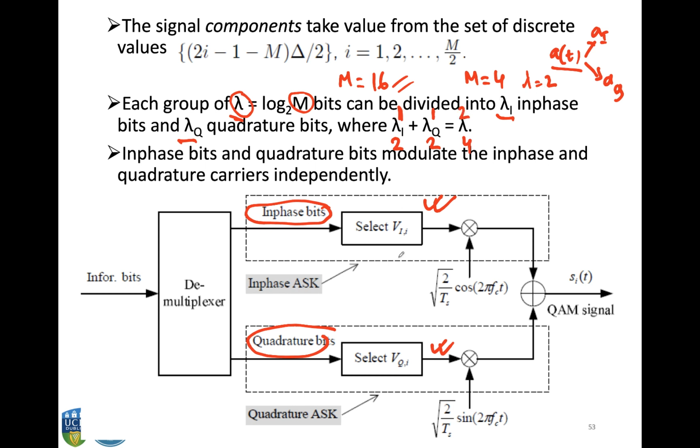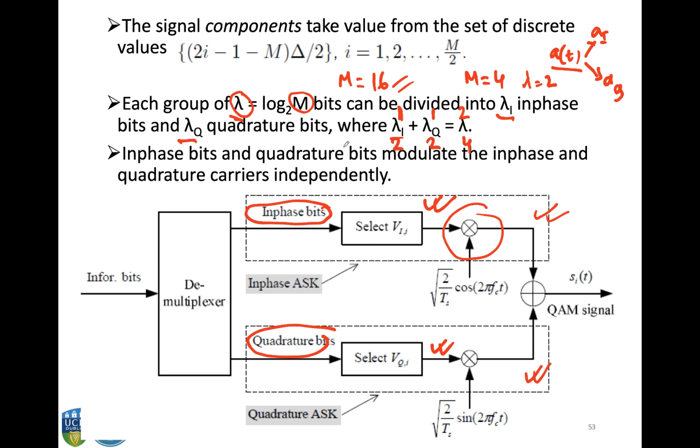For general QAM you can do this, lambda I and lambda q. So the lambda I number of bits are amplitude shift keyed in this arm, and the lambda q number of bits are amplitude shift keyed in this arm.